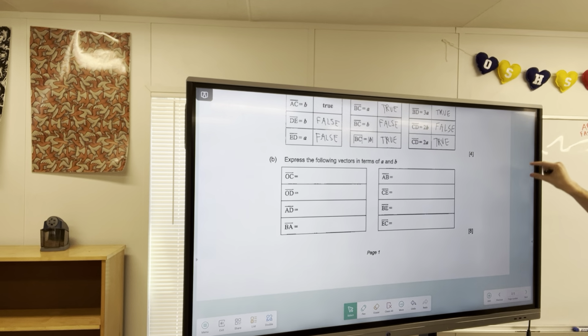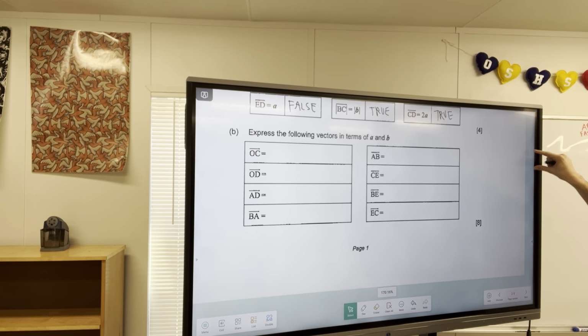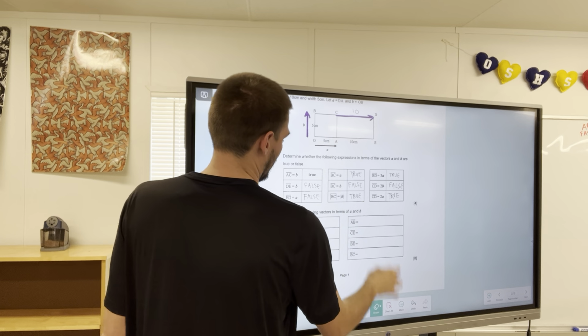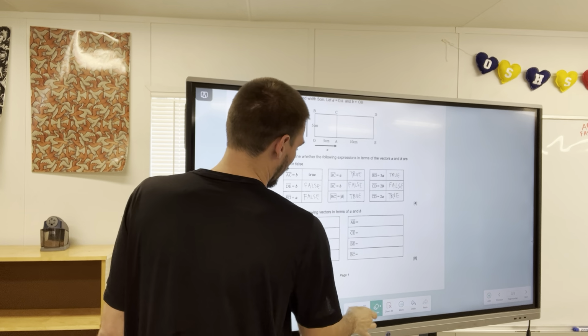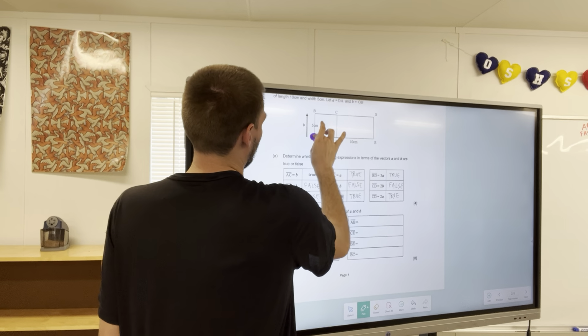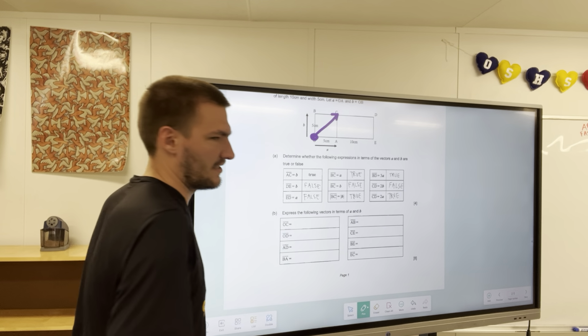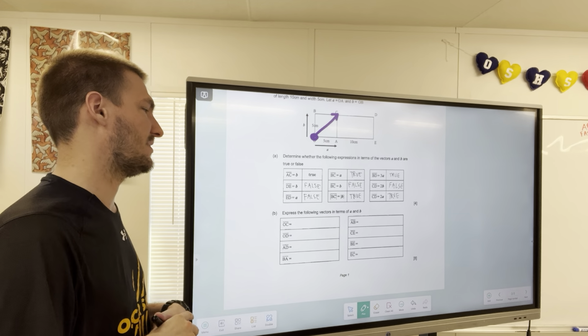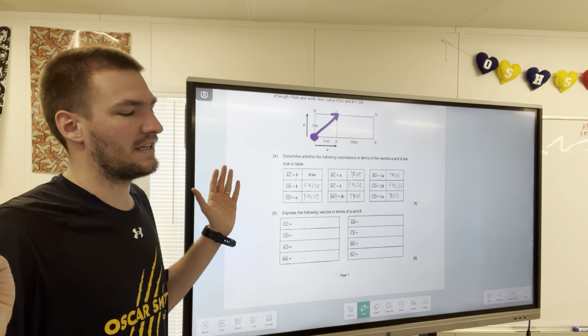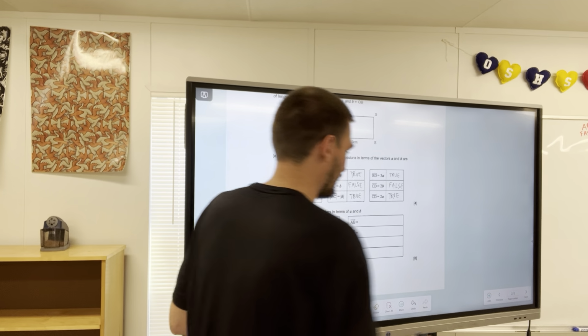Okay, and like I said, our plan is going to be to move down and just continue through this worksheet until we get something new, and then we'll just kind of stop. Now this says, express the following vectors in terms of A and B. Well, we have vector OC, and vector OC is this vector, and we want to express it in terms of A and B. We need to go back and take some notes.